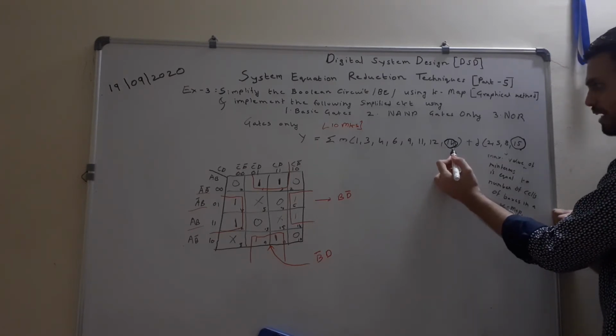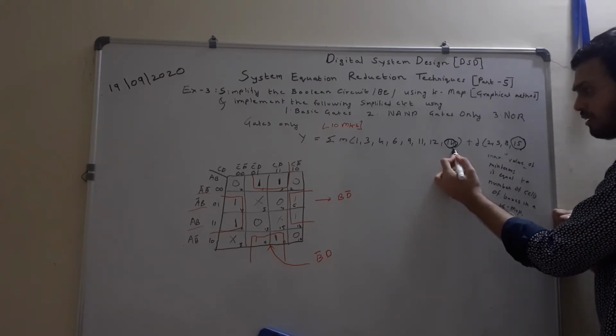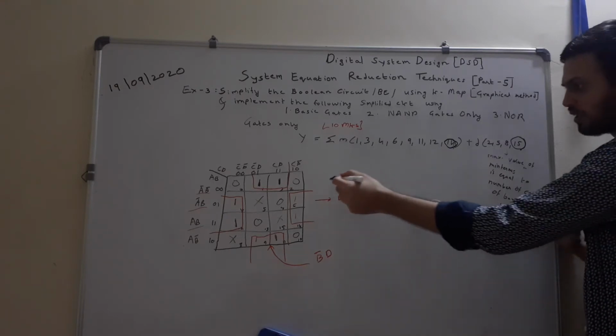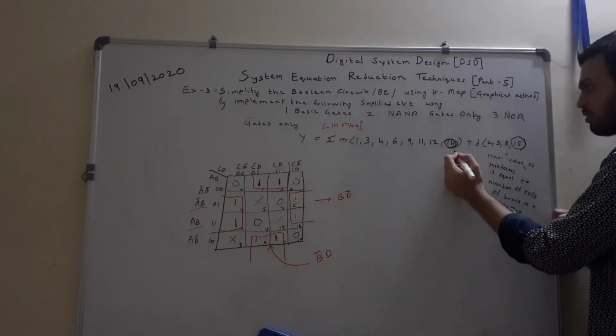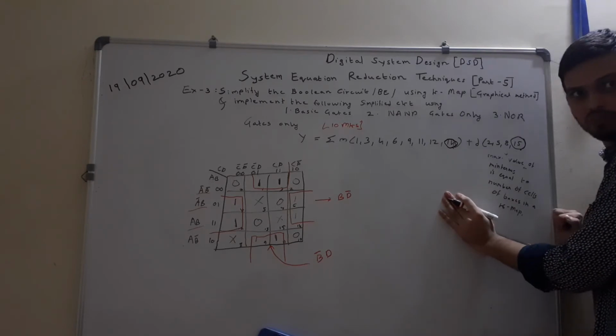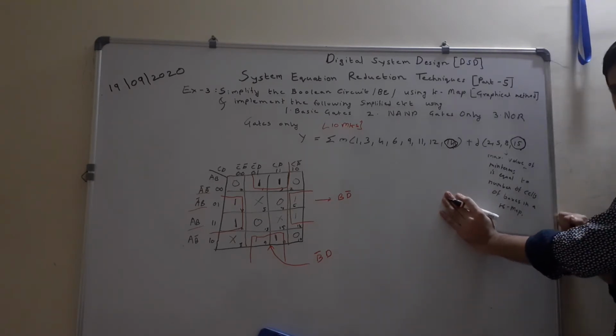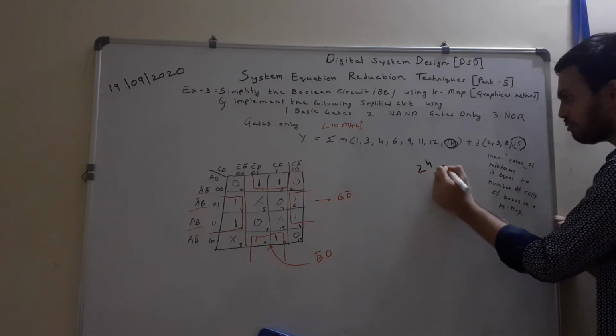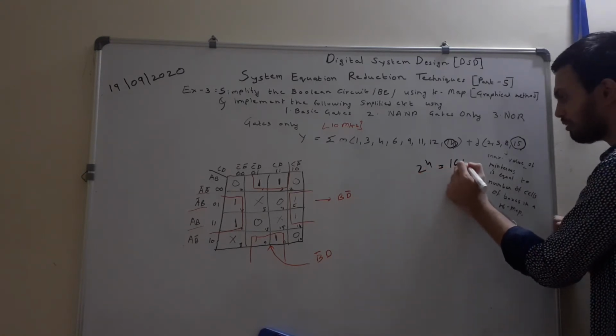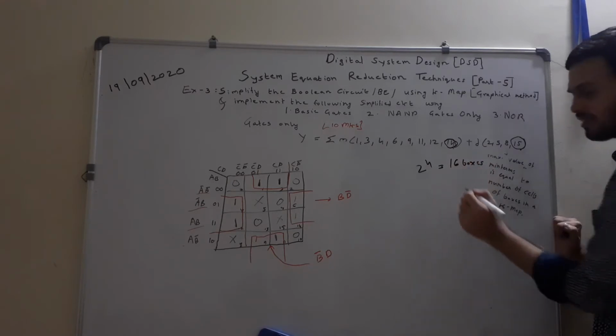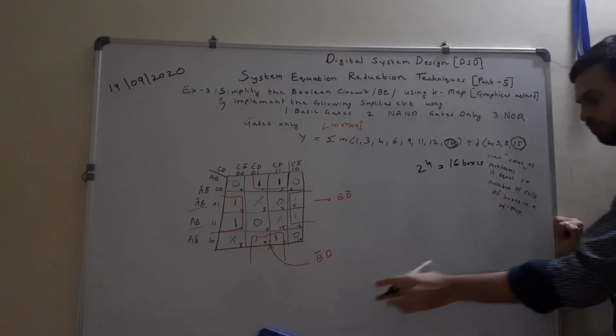So a maximum min term value of 14 means this min term represents the cell number or box number. Box number 14 can be present only in a 4 variable K-map, because a 4 variable K-map has 2 raised to 4, that is 16 total boxes. So this is how you will understand which K-map you should use.